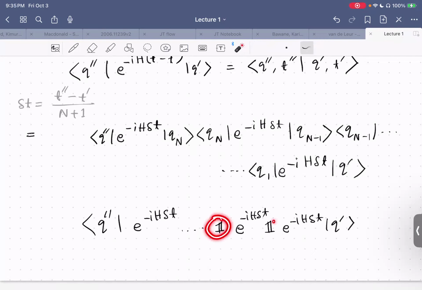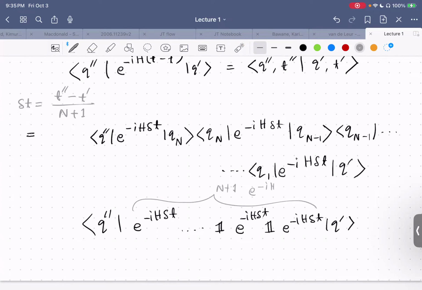Now, of course, identity operators don't do anything. So you just get, just to be sure, n+1 copies of e to the power minus i h delta t here. You can forget about the identity operators.